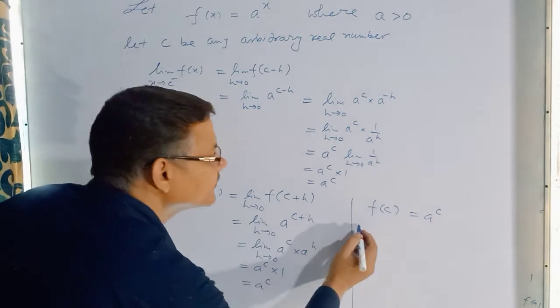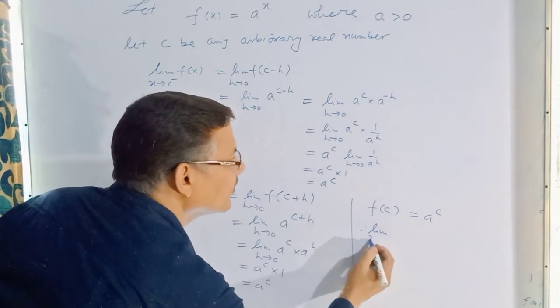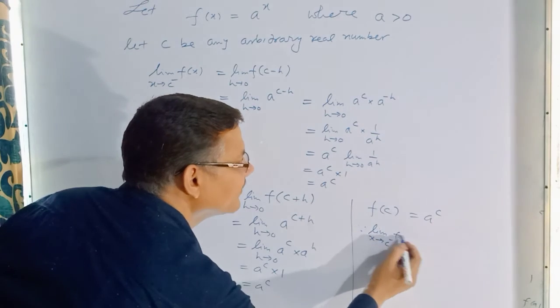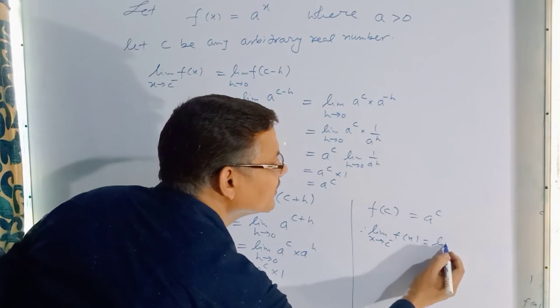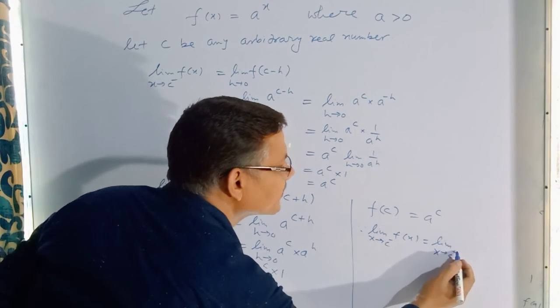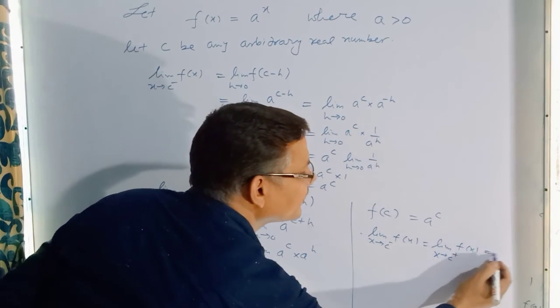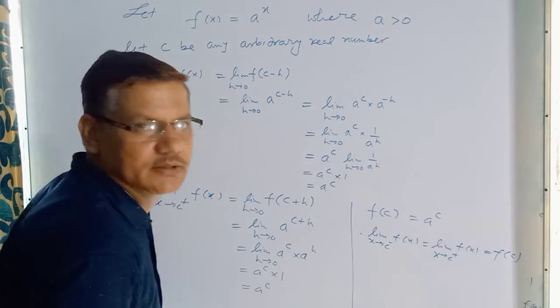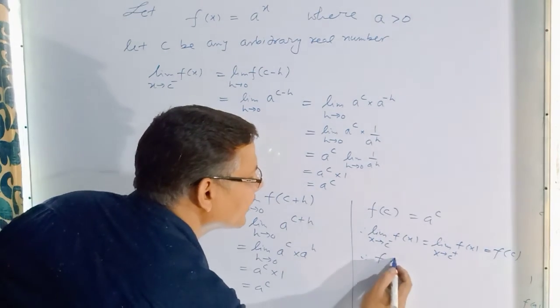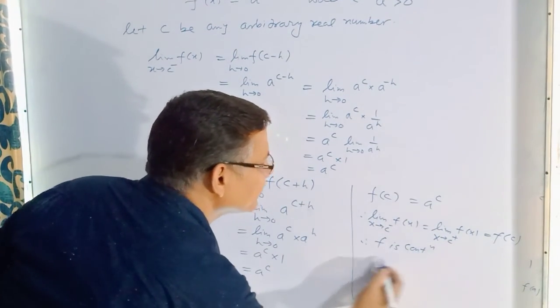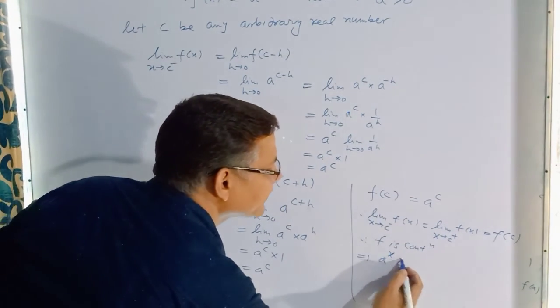Then we write: since the limit as x tends to c from the left is equal to the limit as x tends to c from the right, and it is equal to the value of the function at c, therefore f is continuous. It implies a^x is everywhere continuous.